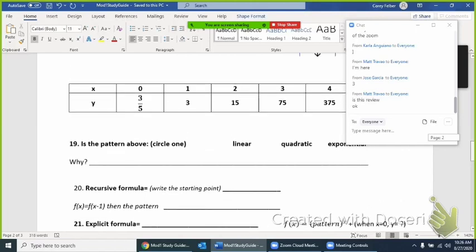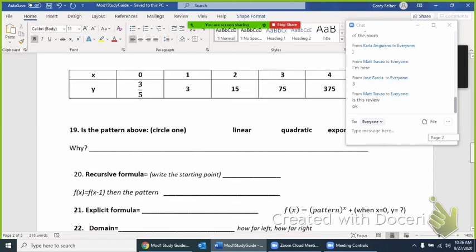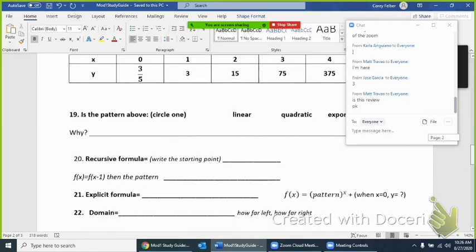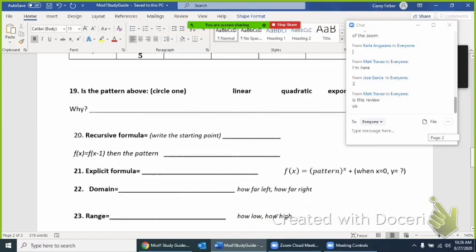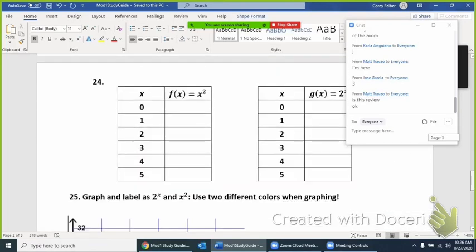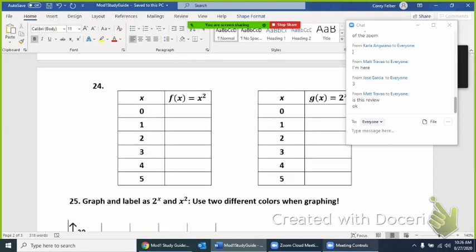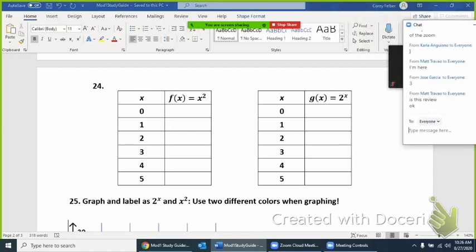Here's another pattern. This one's exponential. We talked about all this. There's a bunch of videos on this. This one, you're just basically filling in these tables here. So make sure you know how to plug in points.